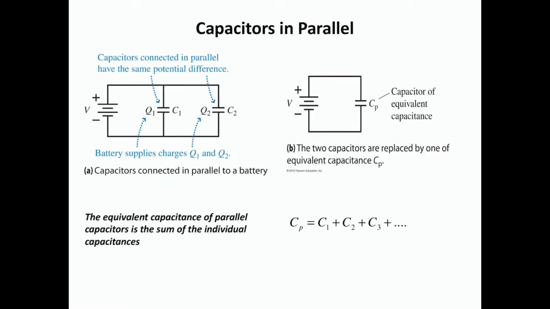All right, some rules. Just like resistors, sometimes we have two or three capacitors connected either in parallel or in series, and you want to find their equivalent. It means you want to replace many by one. When capacitors are connected in parallel, the rule is just add the capacitance.